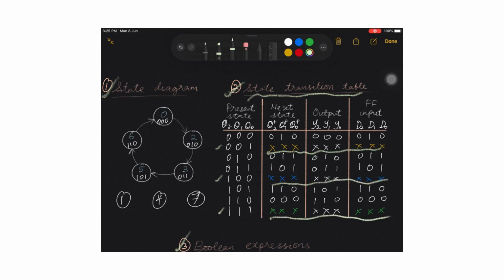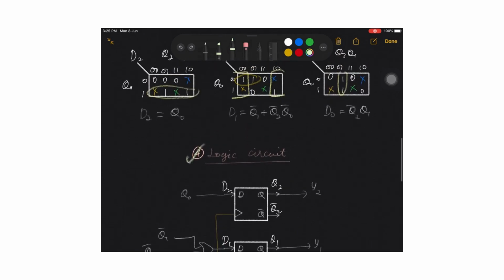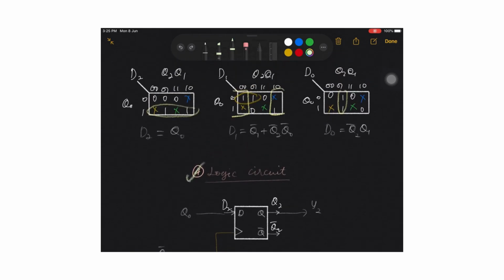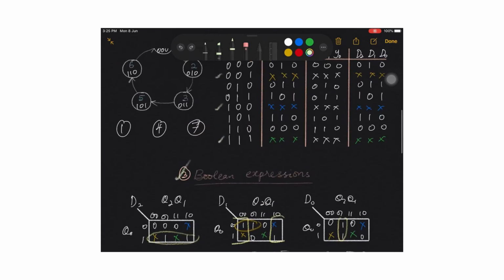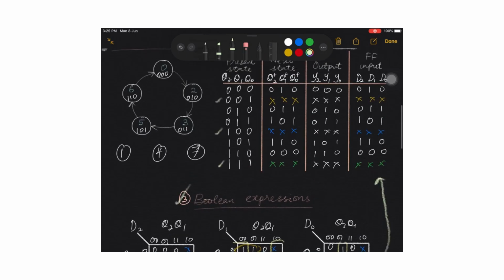These don't cares correspond to the unused states 1, 4, and 7. These Boolean expressions are the inputs of the D flip-flops that correspond to this column.